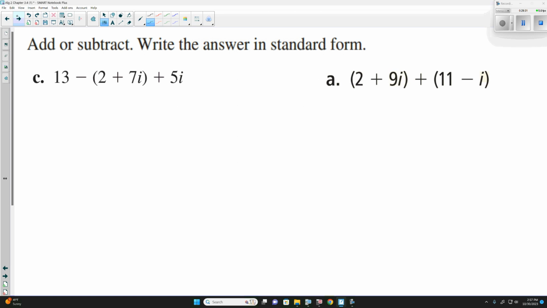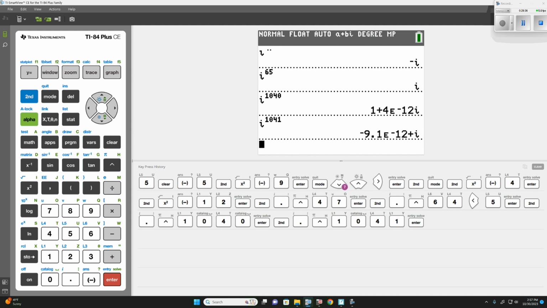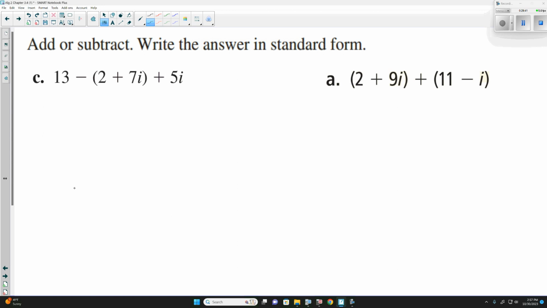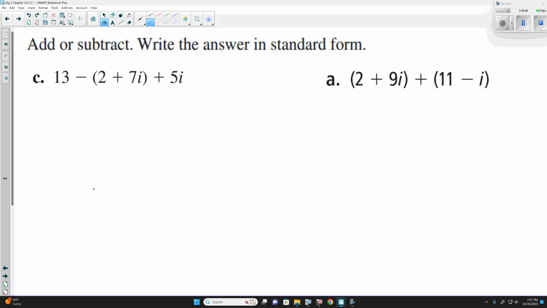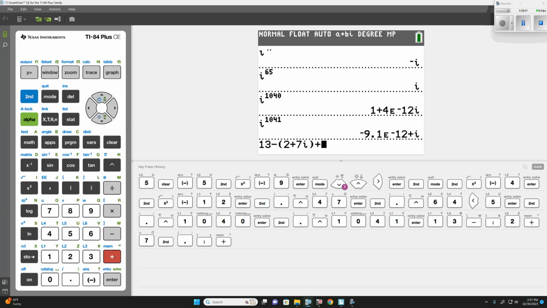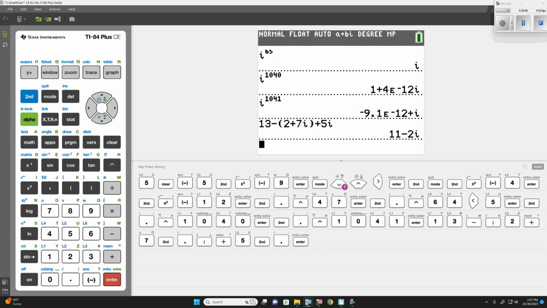13 minus 2 plus 7i plus 5i. Graphing calculator. Because second decimal gives us i. It is.